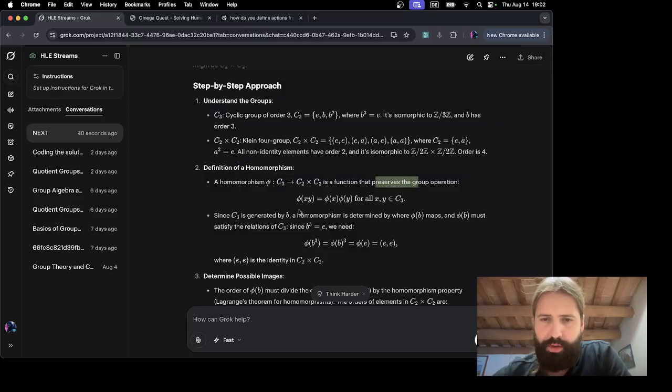It preserves the group operation, so for all x, y in C3. Since C3 is generated by B, the homomorphism is determined by where phi(B) maps, and phi(B) must satisfy the relations of C3.